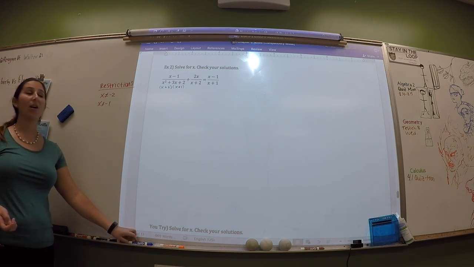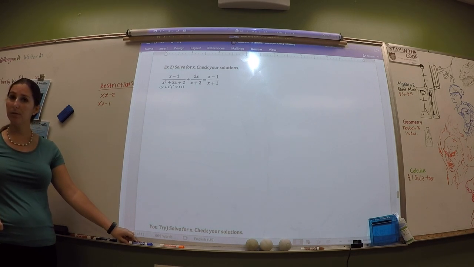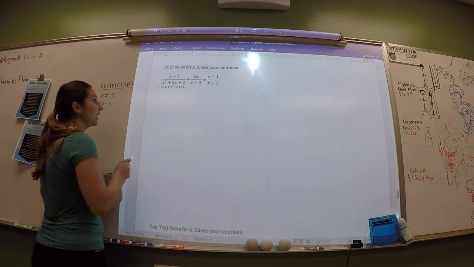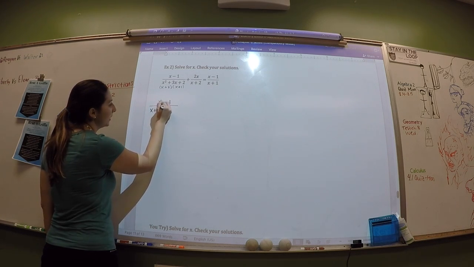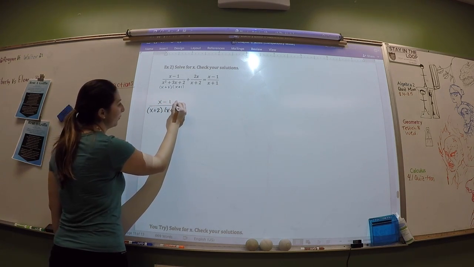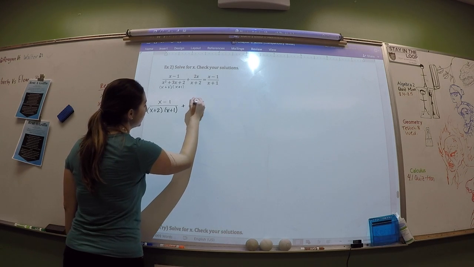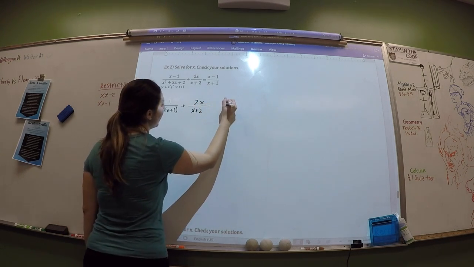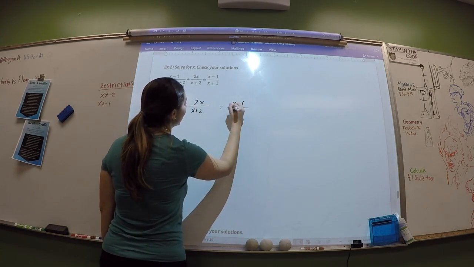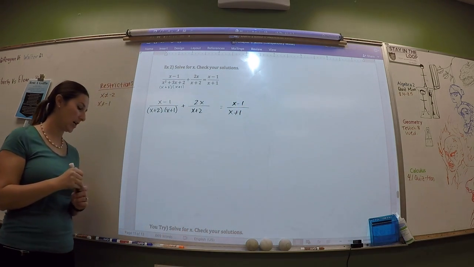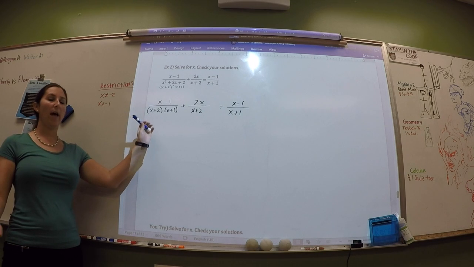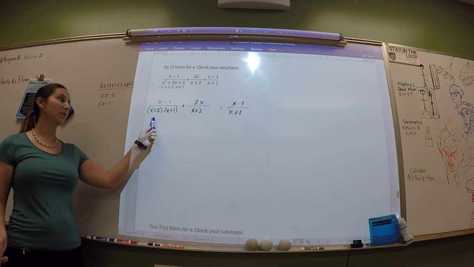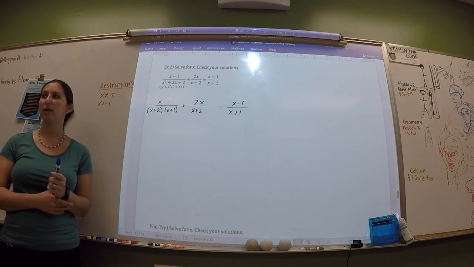All right, so do you want to find the common denominator? Indubitably. Okay, so for the common denominator, I need to multiply possibly all 3 fractions, maybe just 1 fraction, maybe 2 fractions. I'm going to multiply by something to get them to be the same denominator. Since I factored this, I can see that every fraction has either an x plus 2 or an x plus 1, and nothing else.